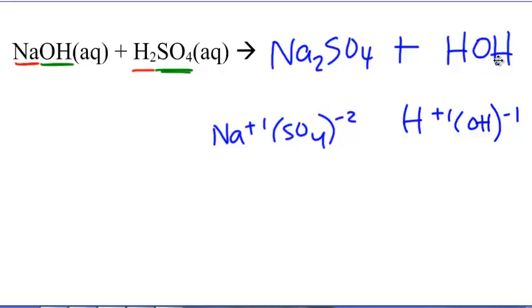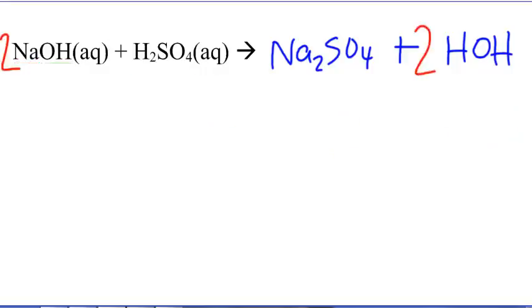In this case, I'm going to leave it as HOH, and the reason I do that is because I have a hydrogen ion and a hydroxide ion on my reactant side. It's going to make it easier for me to balance the product side. I put a 2 in front of the Na, I put a 2 in front of the HOH, and I have a fully balanced equation.